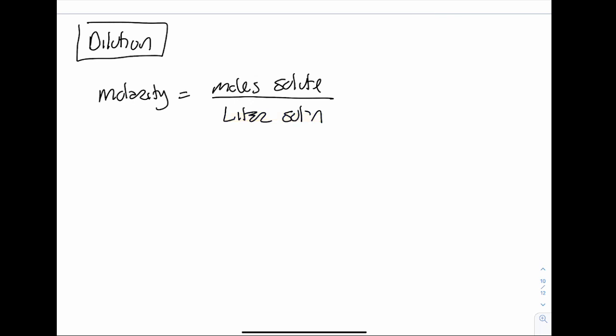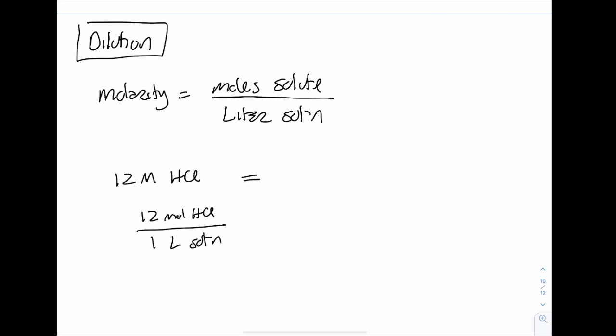When we're diluting a solution, so let's say I'm going from a 12 molar hydrochloric acid solution, right? So I have 12 moles of hydrochloric acid for every 1 liter of solution. And if we want to dilute that down to a 6 molar hydrochloric acid solution, we want to end up with 6 moles for every 1 liter of solution.